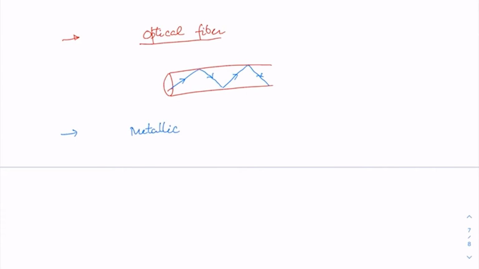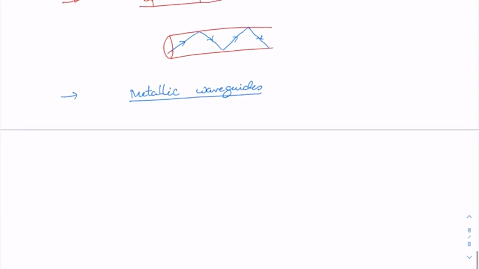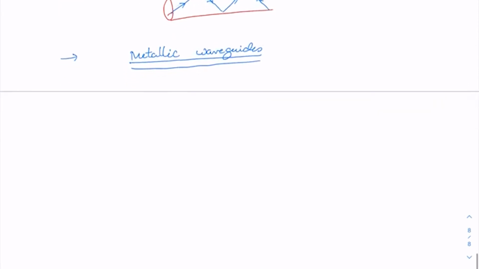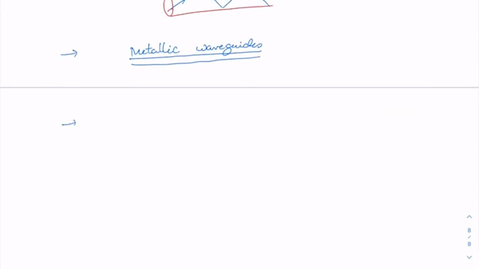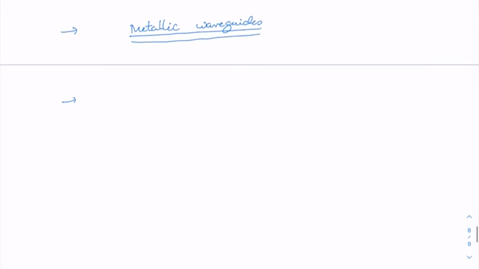Rather than dielectrics, if we are interested in transmitting microwave signals, we had better use metallic waveguides. The simplest metallic waveguide we may consider is a simple metallic wire.